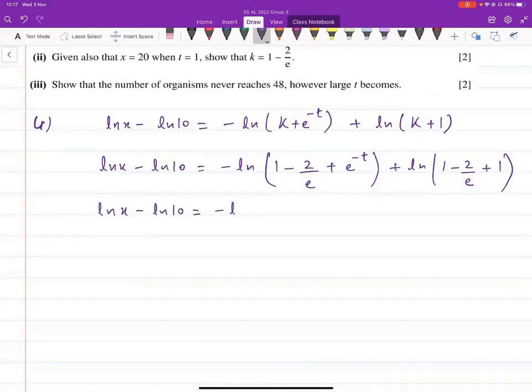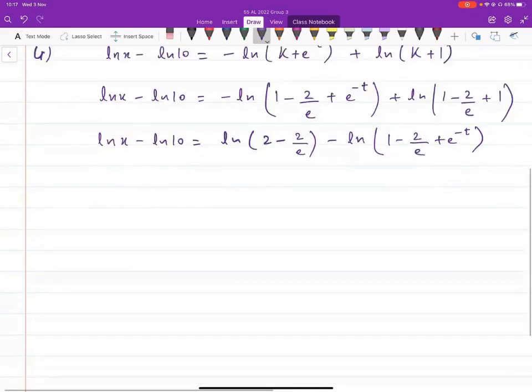So we have minus ln, or we can take the other ln first, and write the minus one later. ln of 2 plus 2 minus 2 over e, minus ln of 1 minus 2 over e plus e raised to power minus t. Okay? This is what we have.